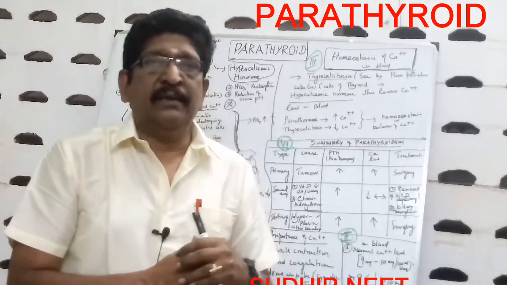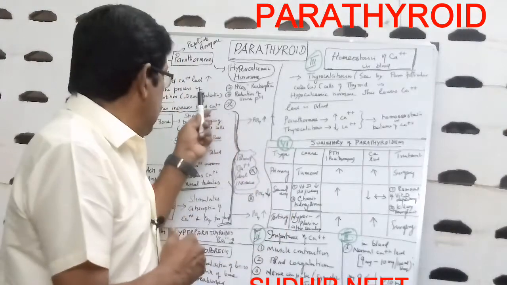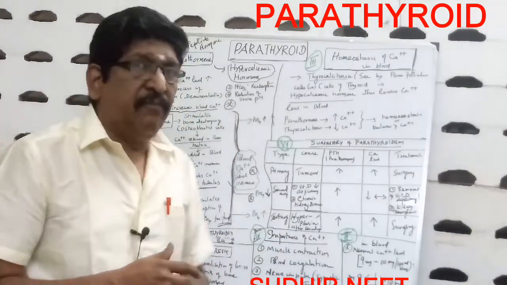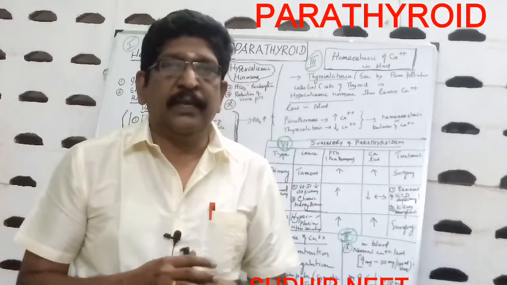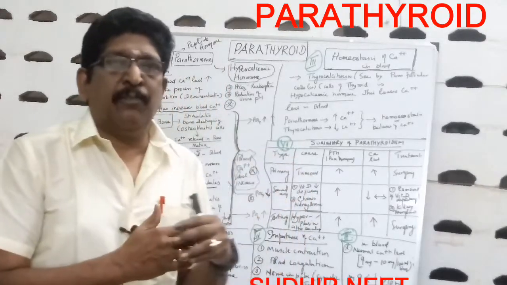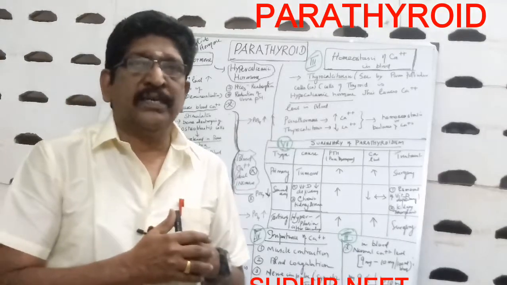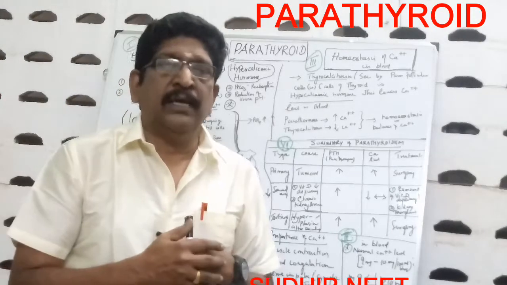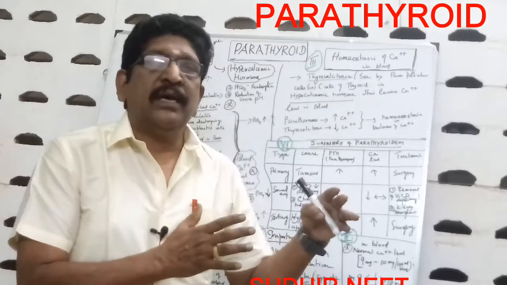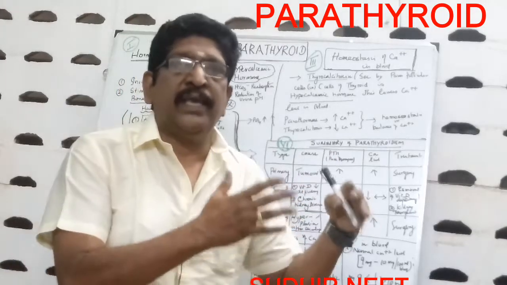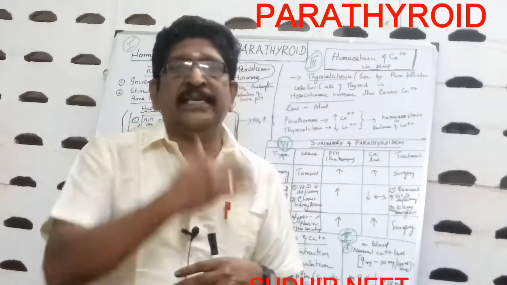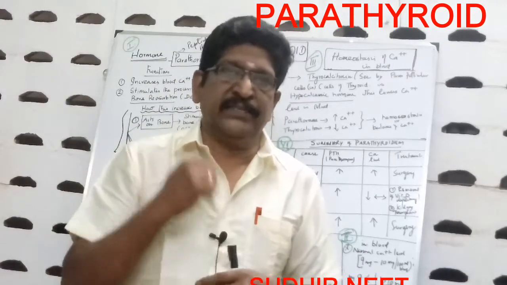What do you mean by that? It stimulates the process of bone resorption. The calcium deposits of the bones are removed, demineralizing the bone, by which the calcium comes out and is stored in the blood, and the blood serum calcium level increases.